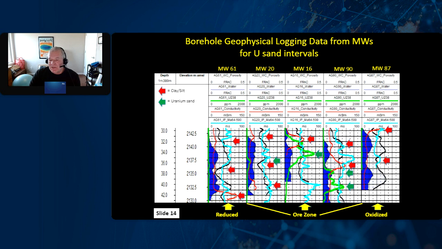In that uranium sand interval in all of these wells, we're keeping track of the clays that show up and the amount of uranium that we see. Those are primarily the things that the production companies actually care about. But in this work, I presented an image where we were looking at an IP response.